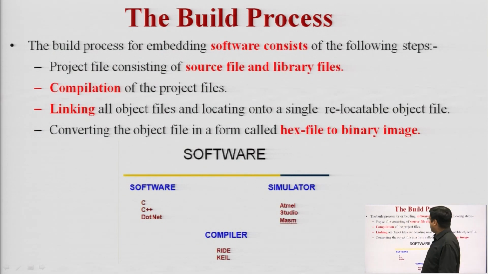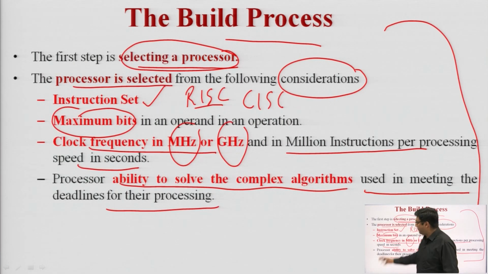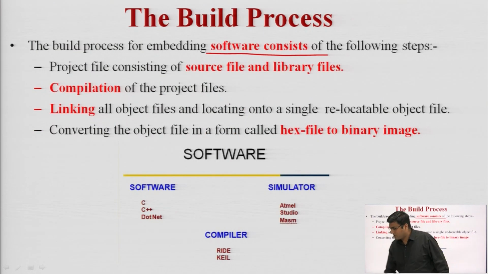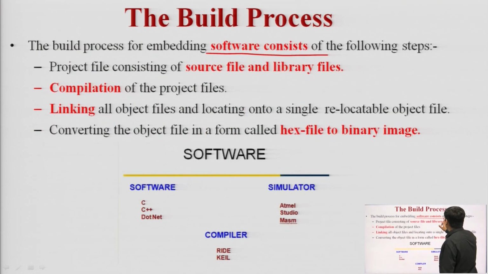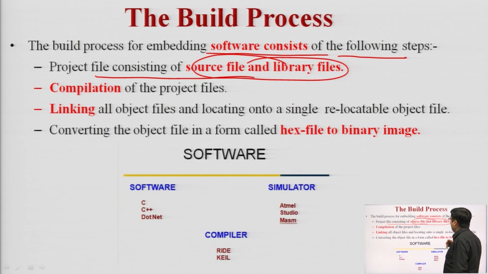The build process for embedded software consists of, in the previous slide we talked about the build process in terms of the processor. Now we are talking about the build process in terms of software. In terms of software, it has a project file consisting of source files and library files. While running any particular software application, it may have library files and source files.